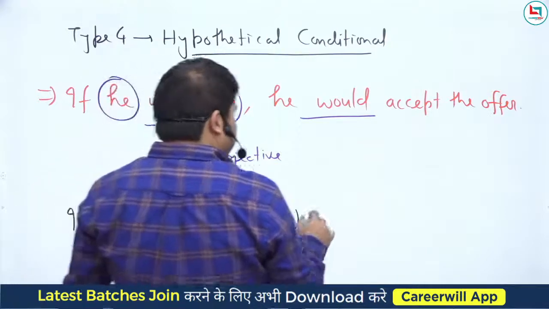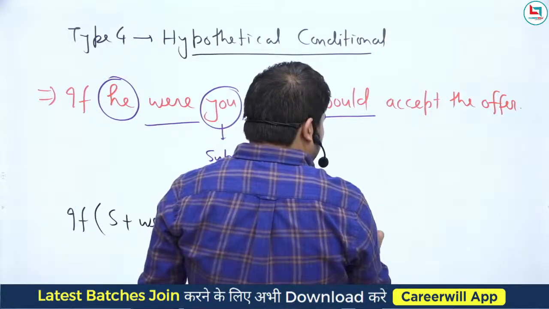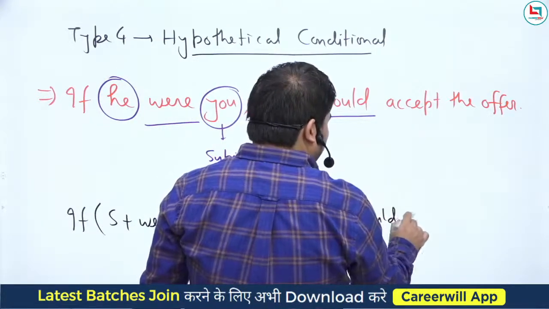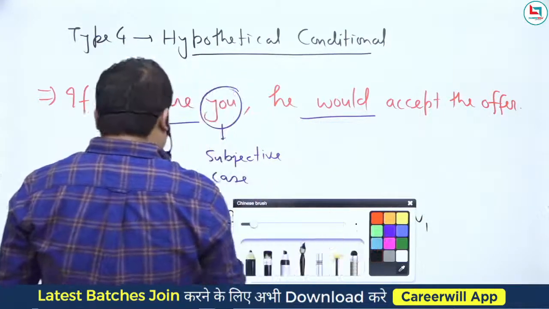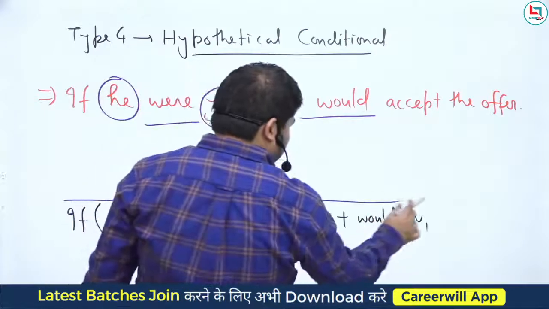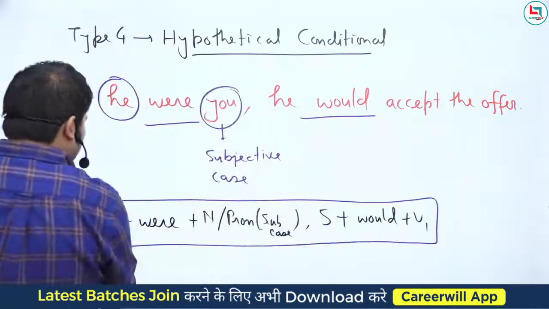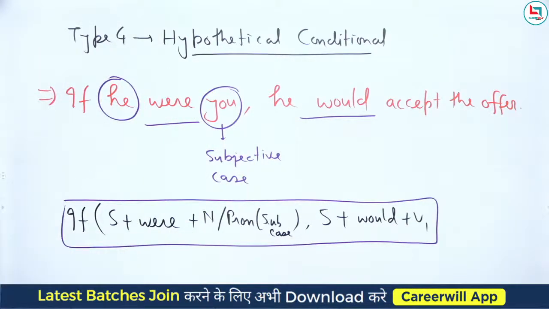And then subject plus would plus V1. This is the standard structure of hypothetical conditional. Sometimes we take would have plus V3 as well in hypothetical, and that depends again on the context.